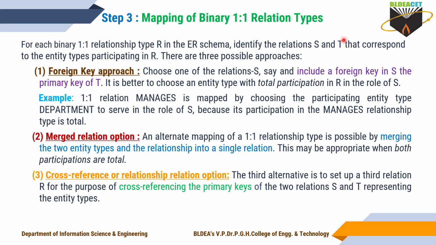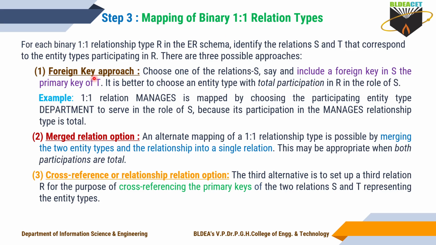To specify the 1:1 mapping, you create one more new relation R, which must contain the primary key of S and also the primary key of T, and the combination of these two you take as the primary key in R. That is what we call cross-referencing the primary keys of the two relations S and T representing the entity types. So this is about mapping of 1:1 relationship types.